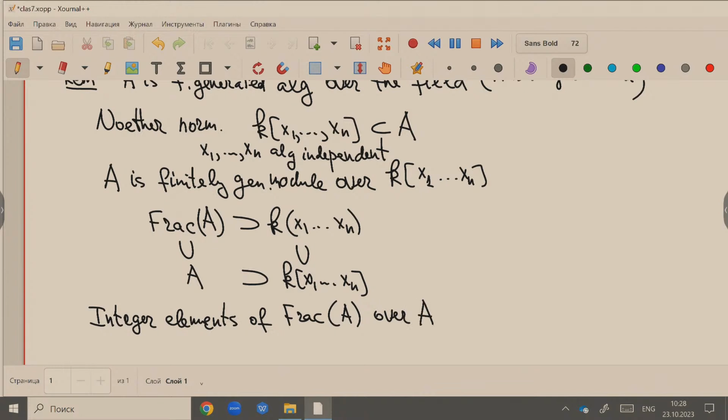are also integral over this subring, so are also integral over K of x1, ..., xn.